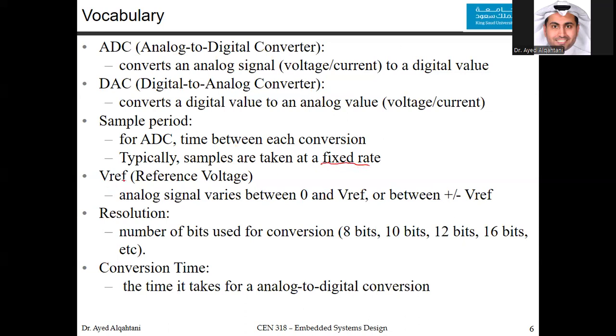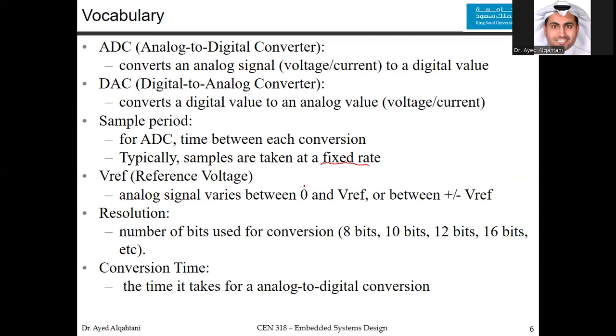Now, VREF is the reference voltage. We get the reference values because we know that the analog signal varies between two limits: 0, that's the lower bound, and VREF, which is usually the upper bound.